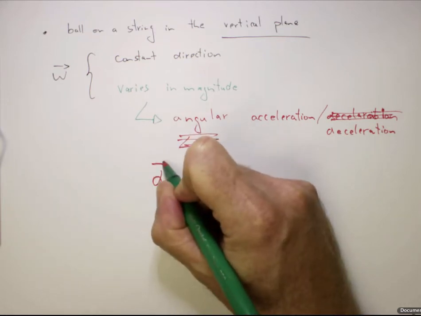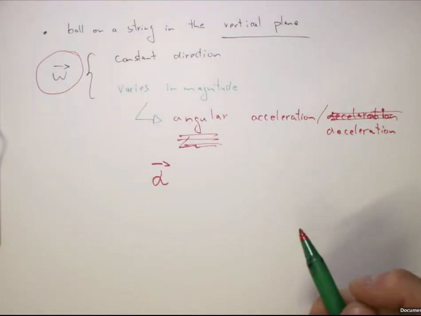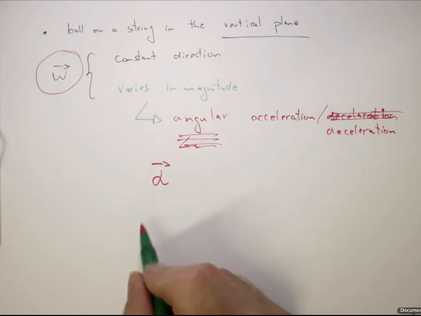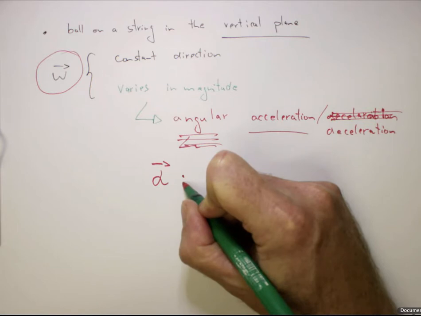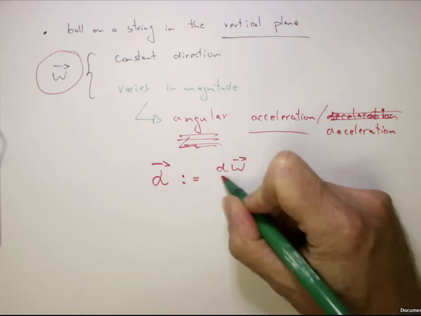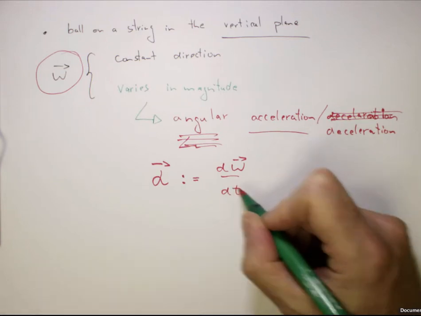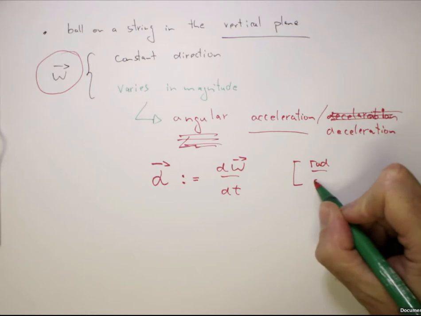It is also vectorial, similar to omega, the angular velocity. The angular acceleration is also a vector, and it is defined as the time change of omega, and therefore has the unit of radians per second squared.